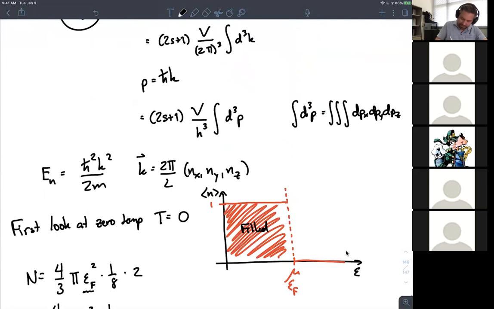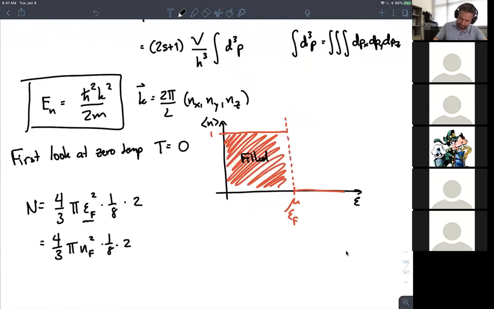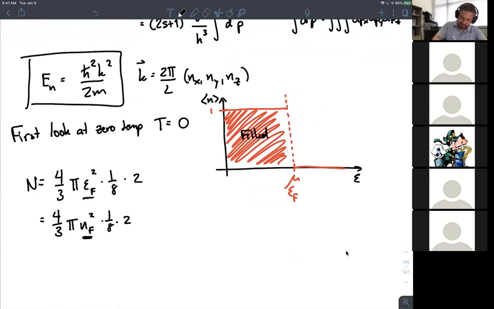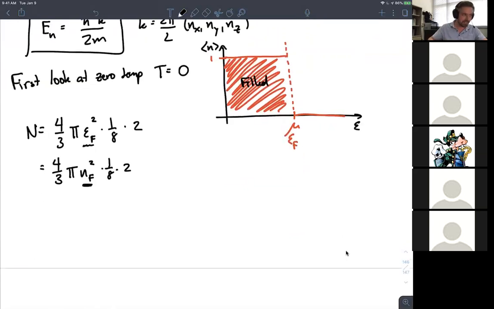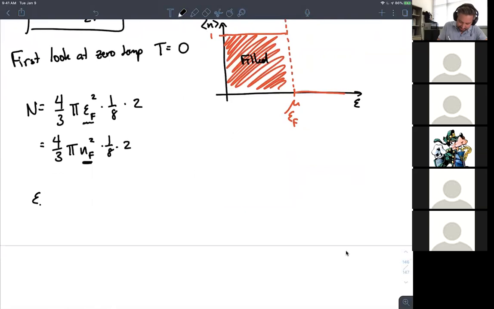Our energy here, if we take this N_F and plug it into this energy value, we can then rearrange this and get that the Fermi energy is equal to 2π²ħ² over mL² times N_F². Okay, so that's our Fermi energy.